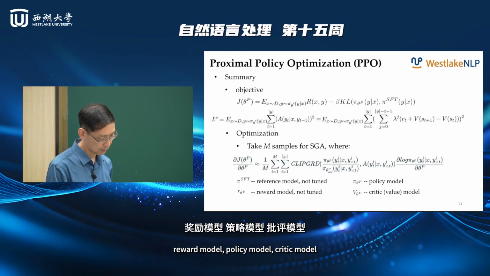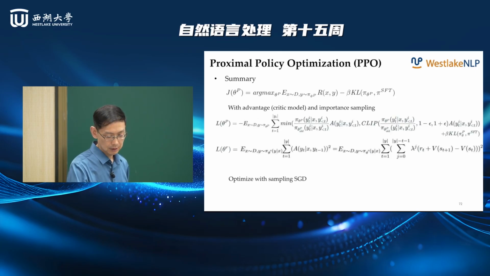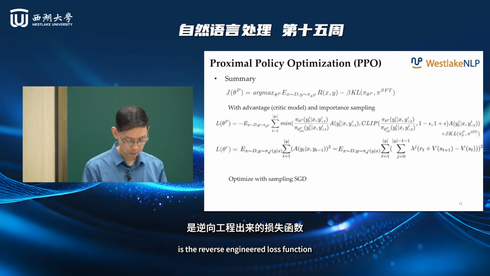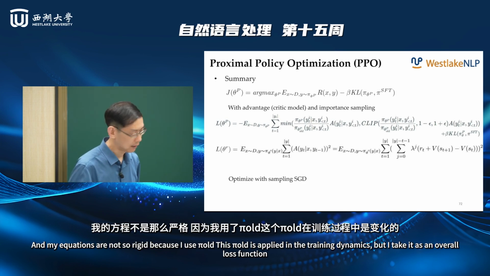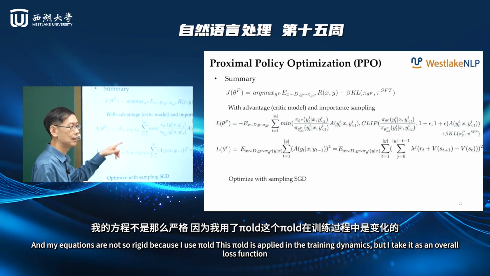Four models, right? Reference model, reward model, policy model, critique model. Policy model is the LLM under RL. And then this is the reverse engineered loss function. My equations are not so rigid because I used pi-o.